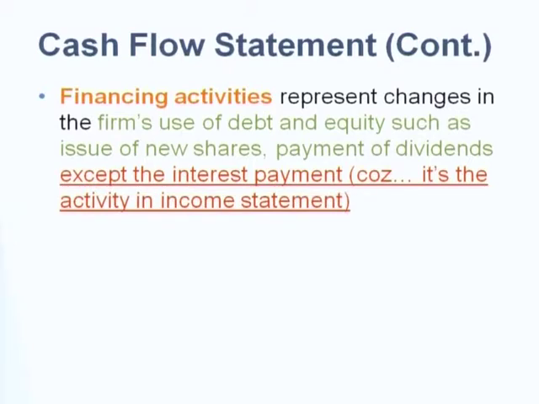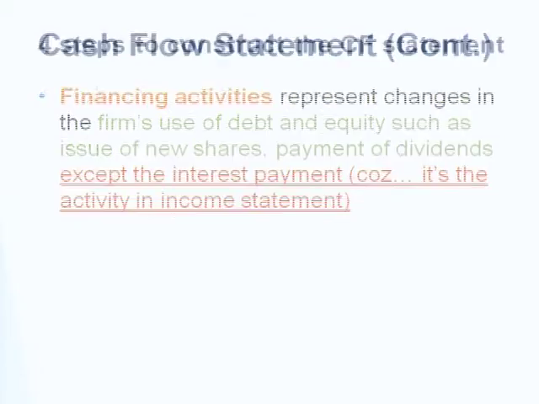Common stock dividends are also financing activity. You issue preferred stock, you get the money, that is financing activity, and you pay preferred stock dividends, financing activity as well. What about bonds, or you borrow short term, or you borrow money from the bank, you make the loan, you get the money, so that is financing activity. But once you pay interest, that is operating activity.